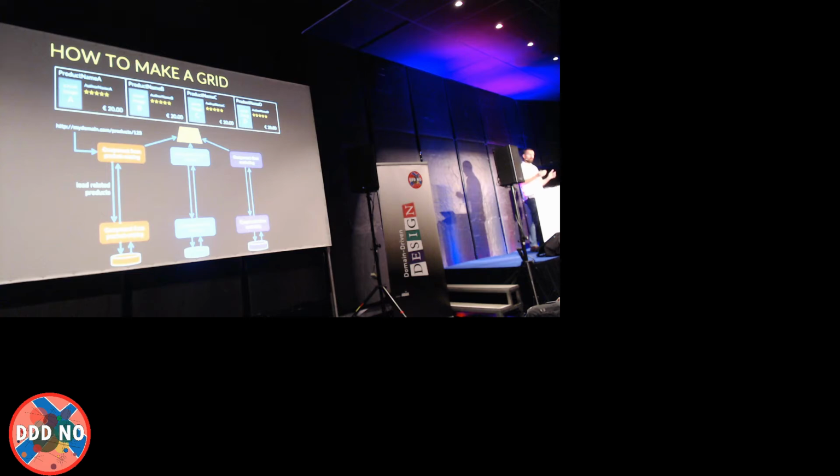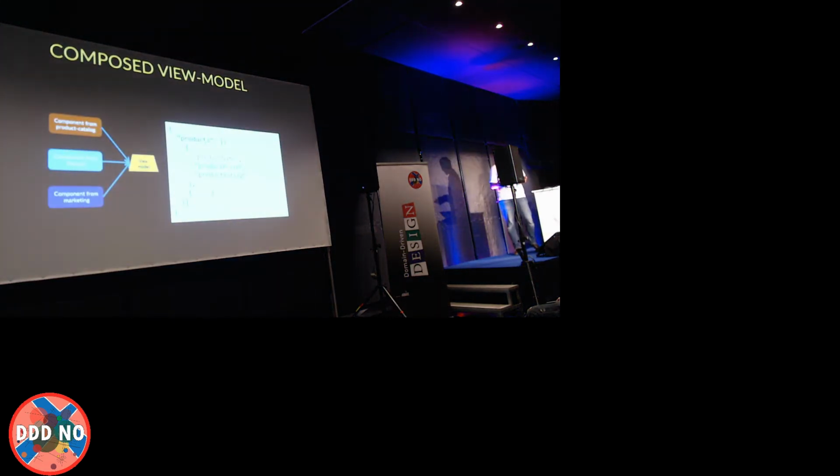So very similar to the orders, to the single order page we saw before. It's just a different mechanism to do it. And what we end up with in the JSON payload is essentially an array of items where each property of each item in the array has been written into from one of those front-end services, from one of those front-end components from each service.